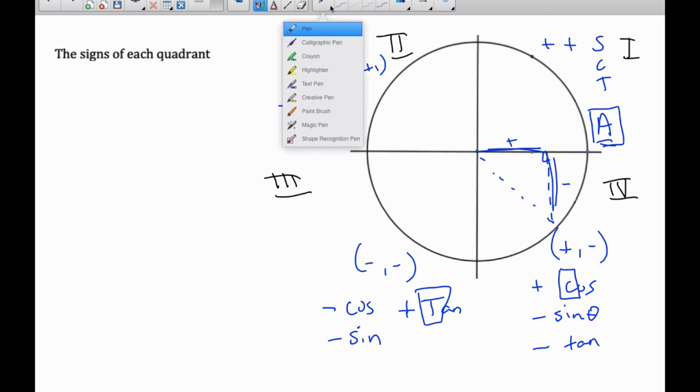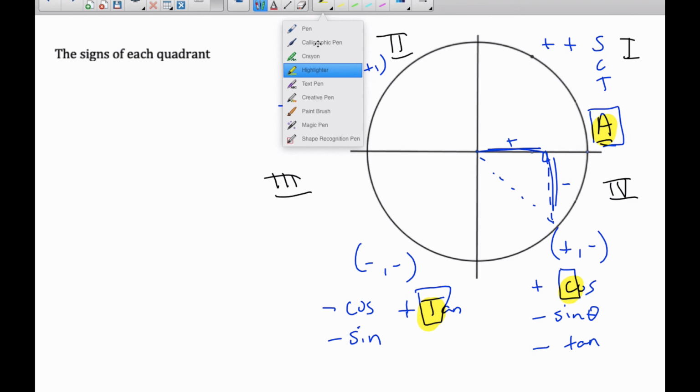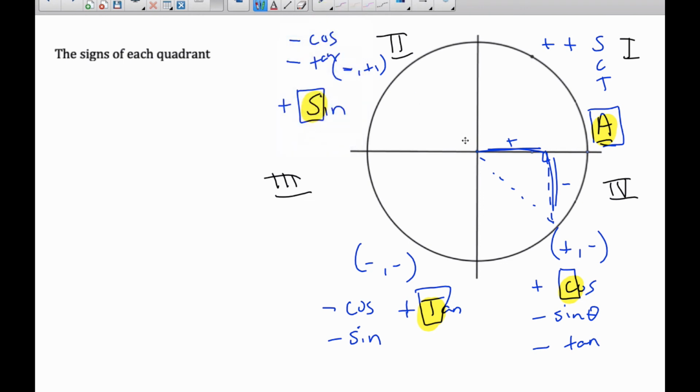And so what we often think about when we do these is I think about these letters here for a quick shortcut. Back when I was in school, my teacher called this the CAST rule. Cosine is positive. All were positive. Sine was positive.